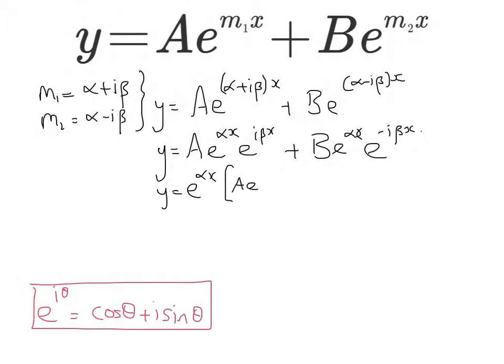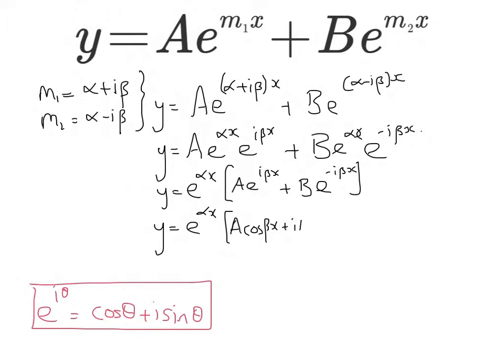Then I've got a e to the i beta x plus b e to the minus i beta x, and now I'll use Euler. y equals e to the alpha x, and then I've got a cos beta x plus i a sine beta x plus b cos minus beta x plus b i sine minus beta x.